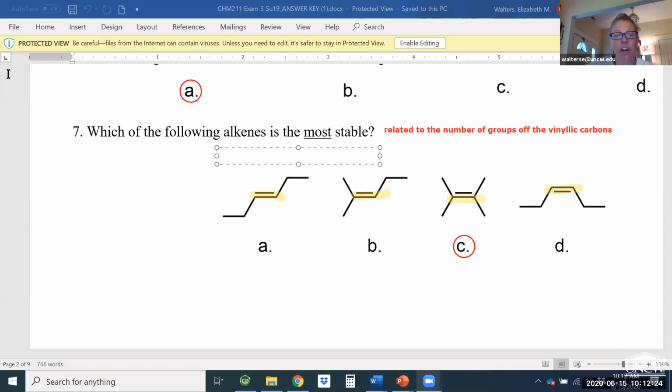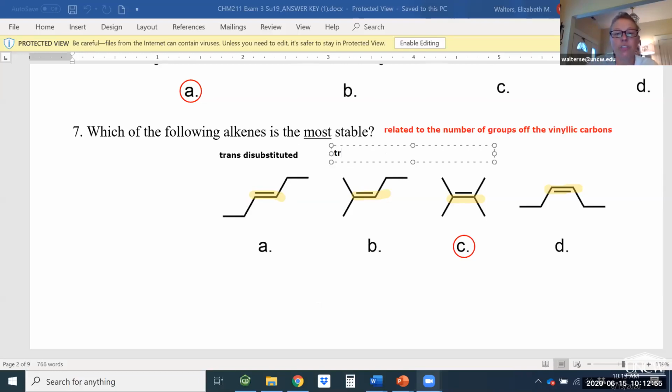Up here, I would write that this is a trans disubstituted alkene. Now, once you get to tri-substituted, which is shown in B, you don't know if it's E or Z. Since they're both methyls here, you wouldn't use E or Z because those would be tied.